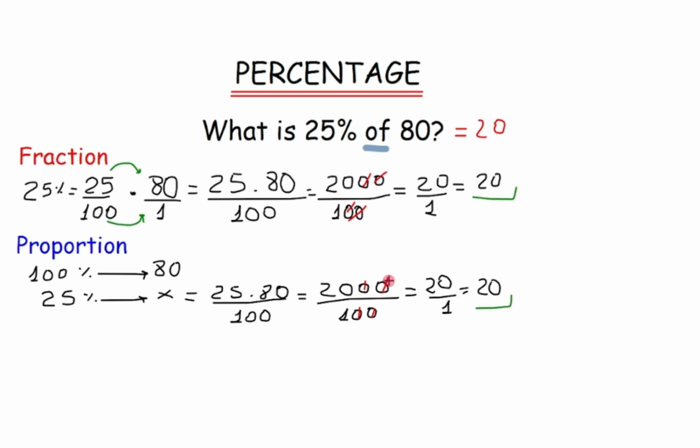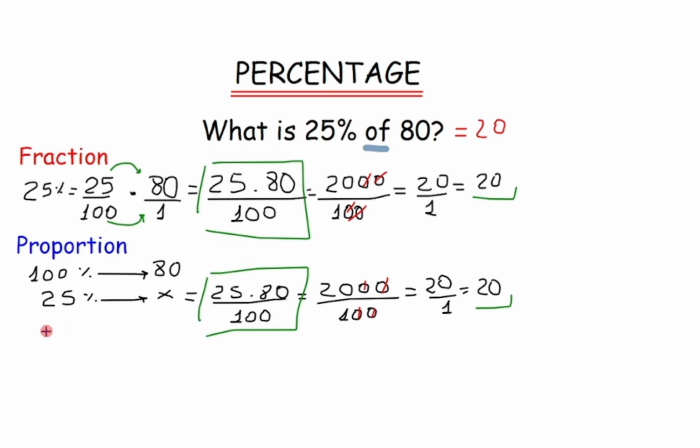And now I want us to consider a very important conclusion. If you can appreciate, in the section where we perform the operations, we arrive at the same conclusion, which will be the percentage I want to find, 25, multiplied by the amount I have, divided by 100. What do I mean by this?